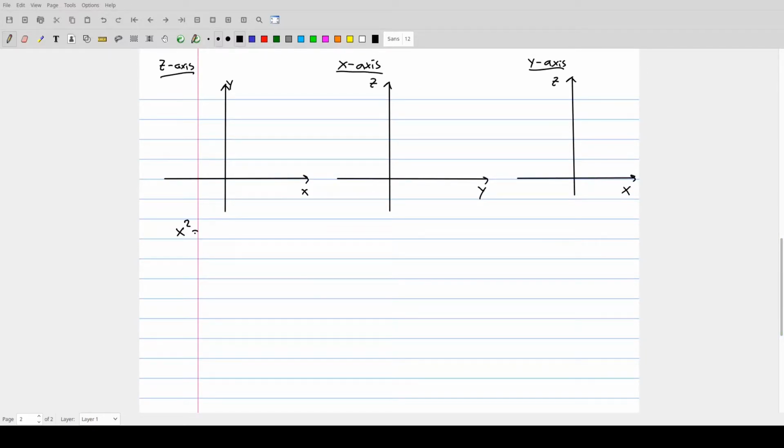The curve x squared equals 9 minus y is the same curve as y equals 9 minus x squared, which is a parabola opening down and intersecting the x-axis at -3 and +3, and the y-axis at 9 right here.